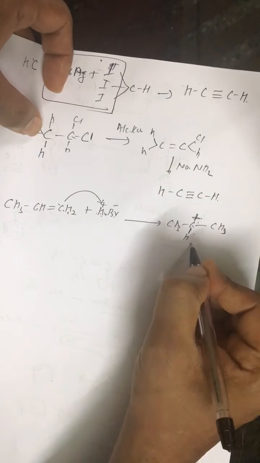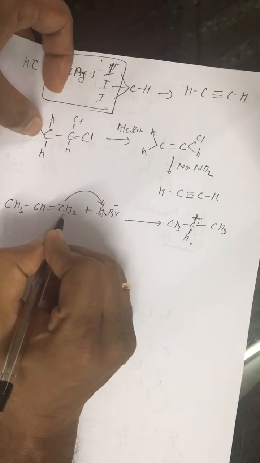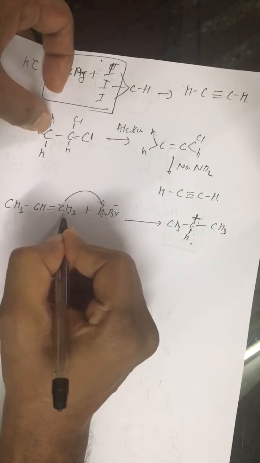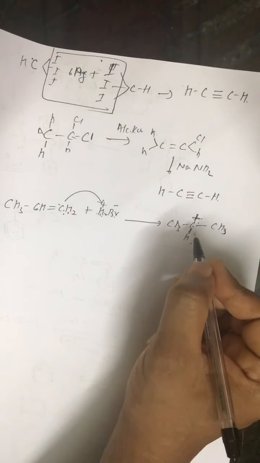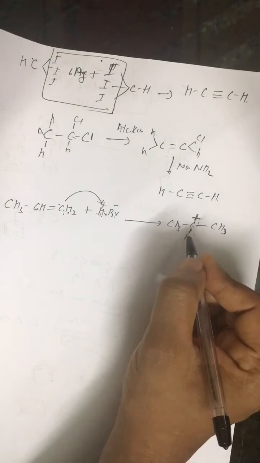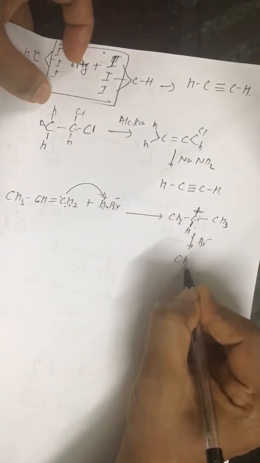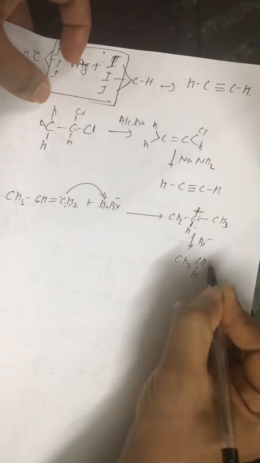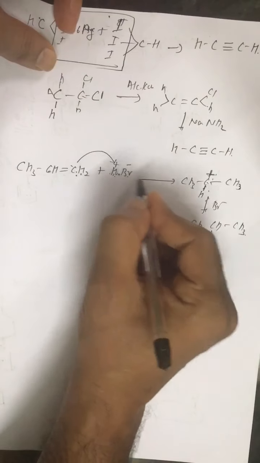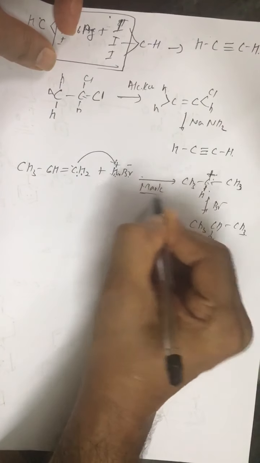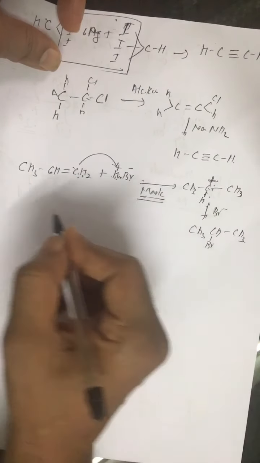If H positive goes to the other carbon atom, positive charge will be produced on the first carbon atom, that is a primary carbocation. The secondary carbocation is highly stable. Then Br negative will attack this carbon, and we get CH3CHBrCH3, 2-bromopropane, as the major product. This addition is called Markovnikov's addition.